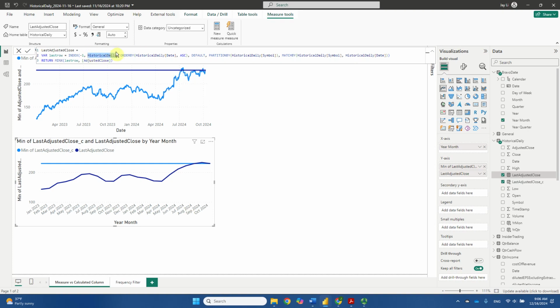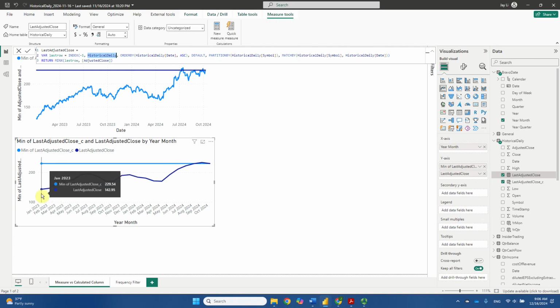The measure is only going to work on a particular subset of the data related to the filter context of a particular data point we're looking at on the visual. It's a little bit confusing concept, but you will see how powerful it is.